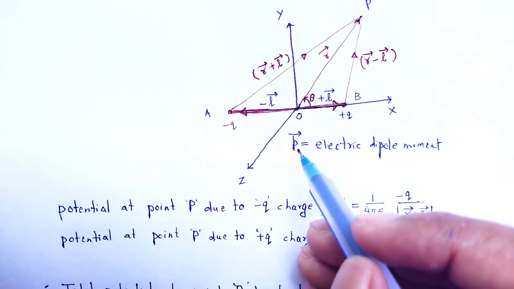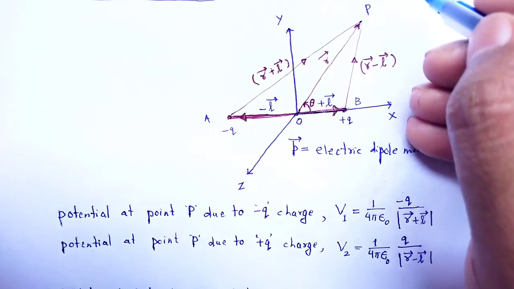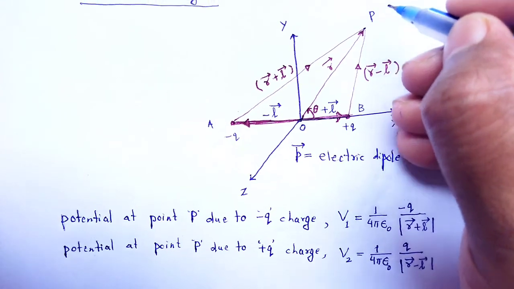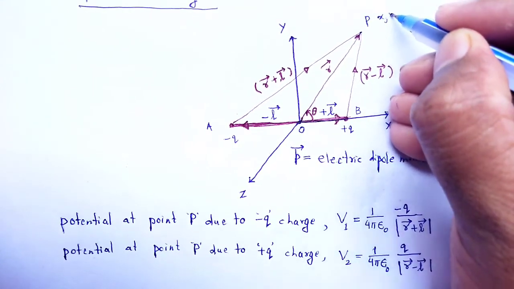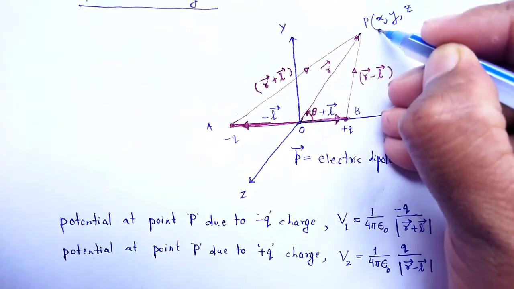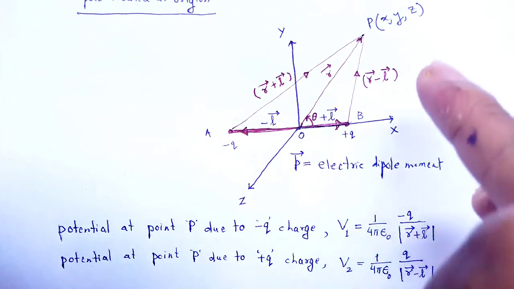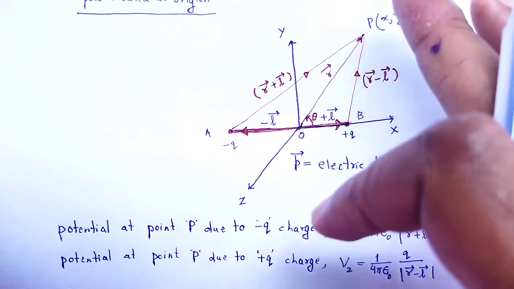And let the point of observation P have the coordinates x, y, z. Now, we calculate the electric field intensity at point P.